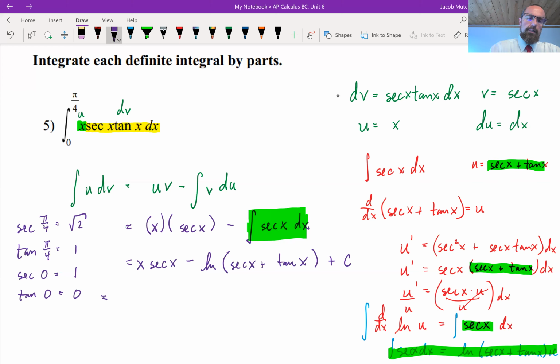So let's set those in place now for the definite integration. So this is going to be pi over 4. Start with the upper limit of integration, substituting in for x times secant of pi over 4 minus the natural log of secant of pi over 4 plus tangent of pi over 4.